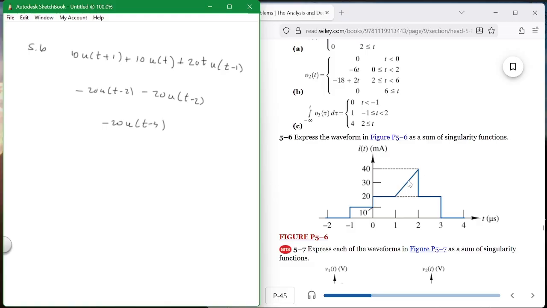So this is the ramping one, 20t u of t minus 1. And then you have to cancel this ramping out, so basically minus 20t u of t minus 2. And then you have to subtract this out, which is this one. And then you go back to 0, which is this one.